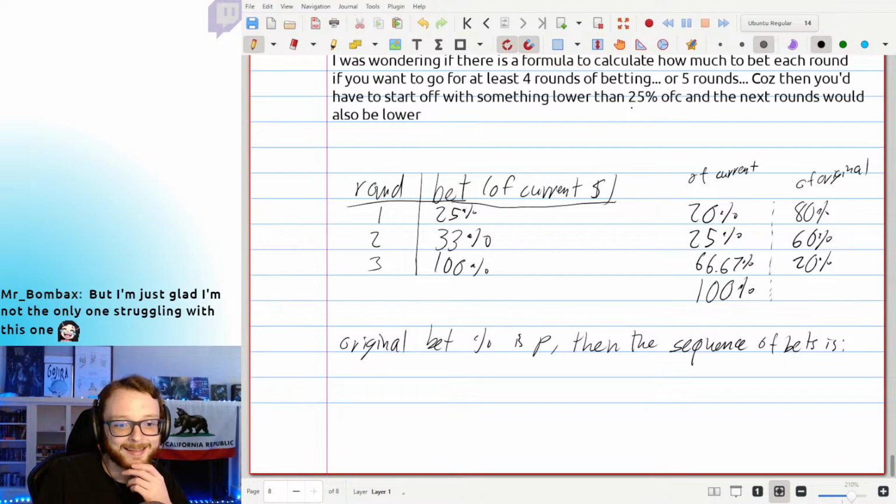I guess we want a formula for that sequence of bets. So the first bet is just P. The next bet is 100% minus P divided by P, I think.